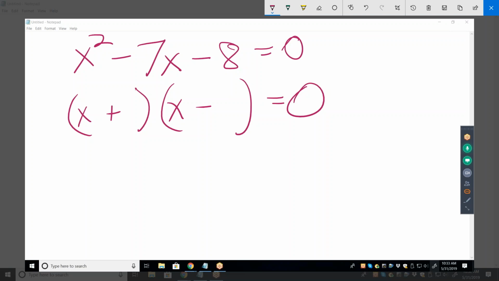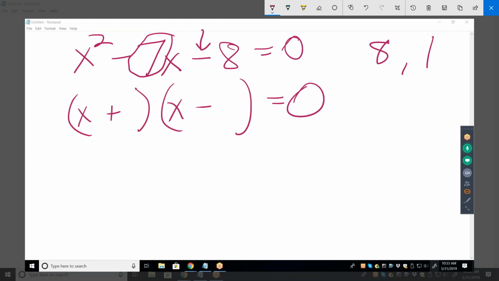What you're looking for is factors of 8 that subtract, because of that negative sign, to the number 7. What factors of 8 and 1. Okay. Now, so those are my factors, but I still got to figure out which one goes with the negative sign, which one goes with the positive sign.